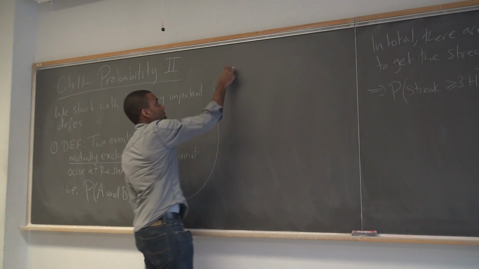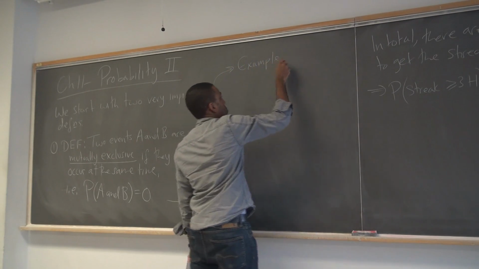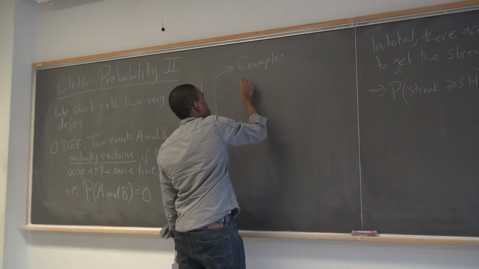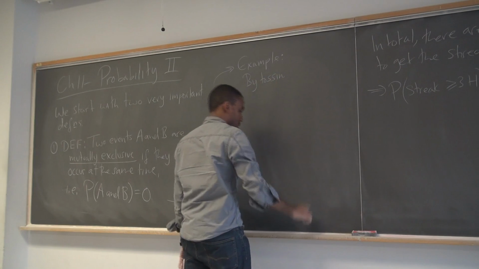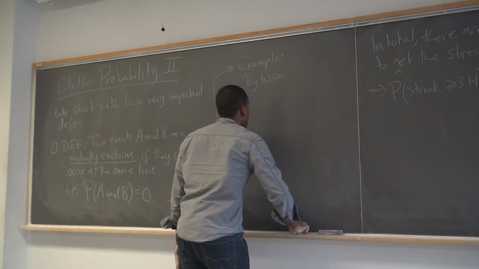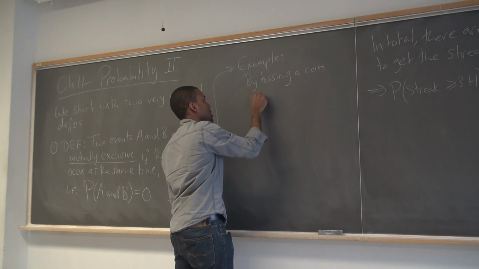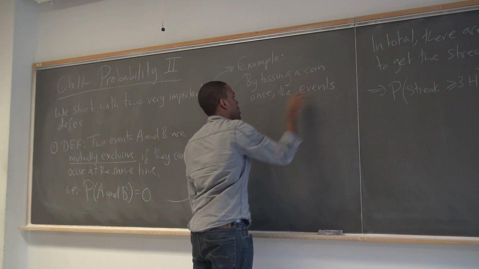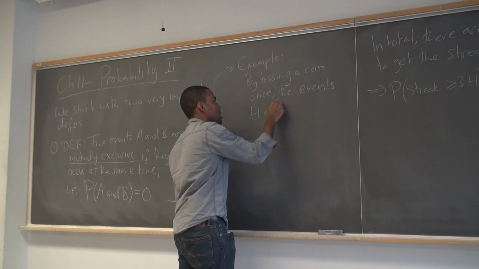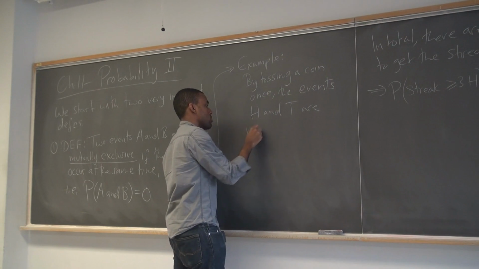Example. By tossing a coin once, the events H and T are mutually exclusive.